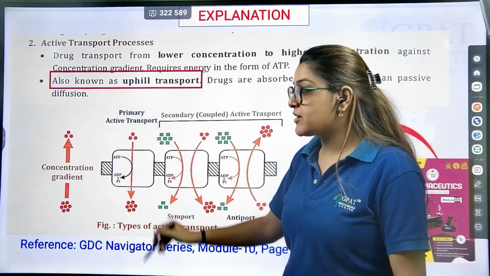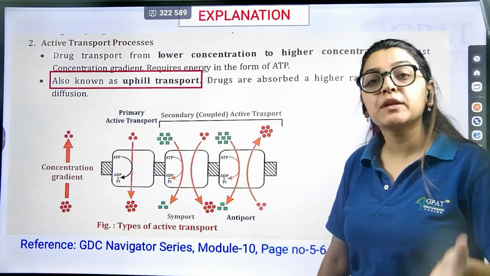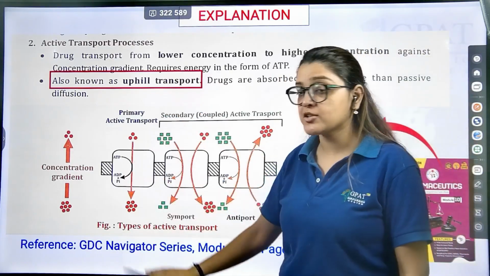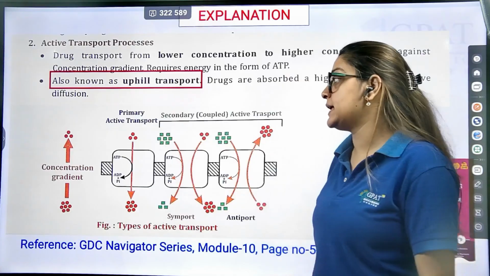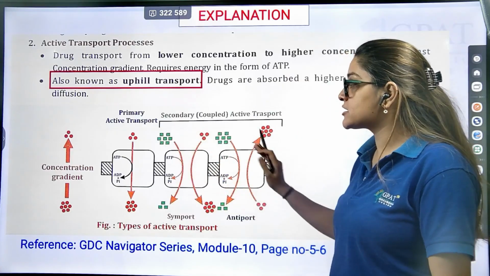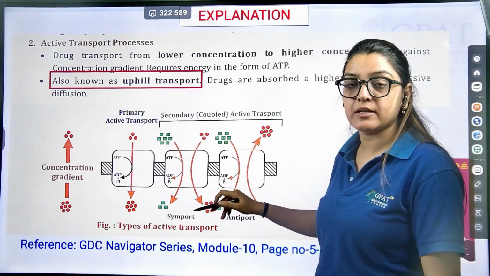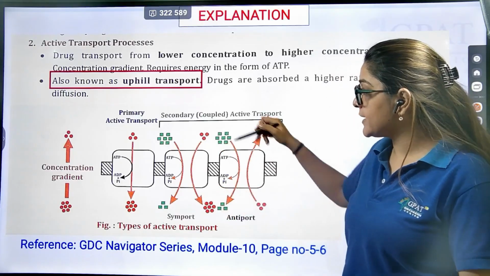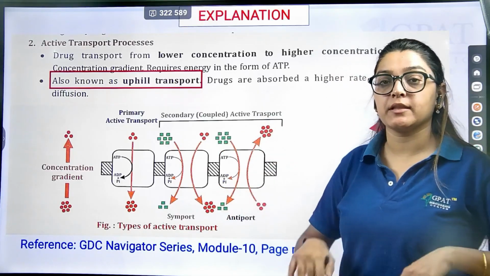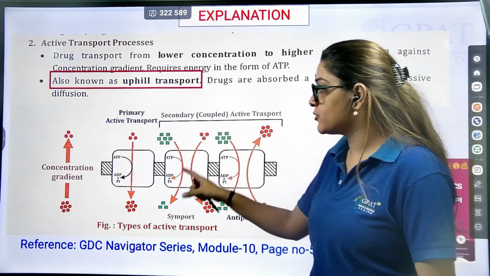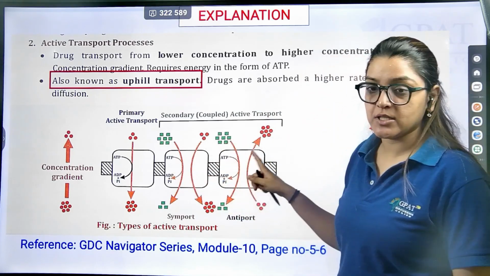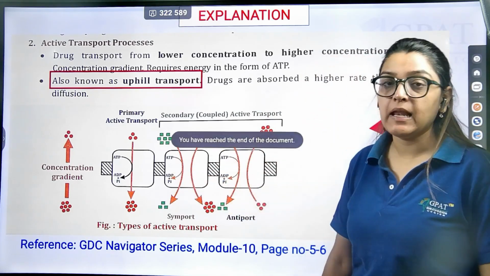This is a primary transport, or we also call it a uniport, because it is transporting a single molecule in a single direction. Then we have secondary transport. You can see it will be symport if both the molecules are transported in the same direction, or antiport if both molecules are transported in the opposite direction. But both of these require the use of energy, so we call it an uphill transport.